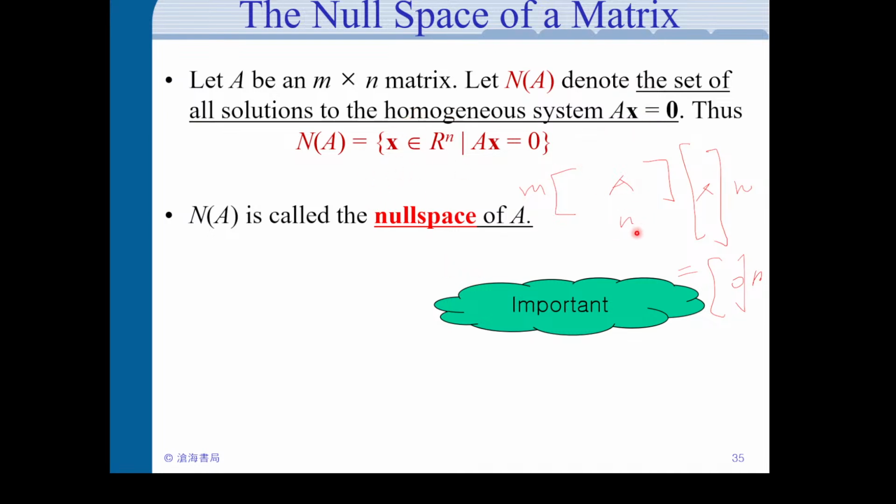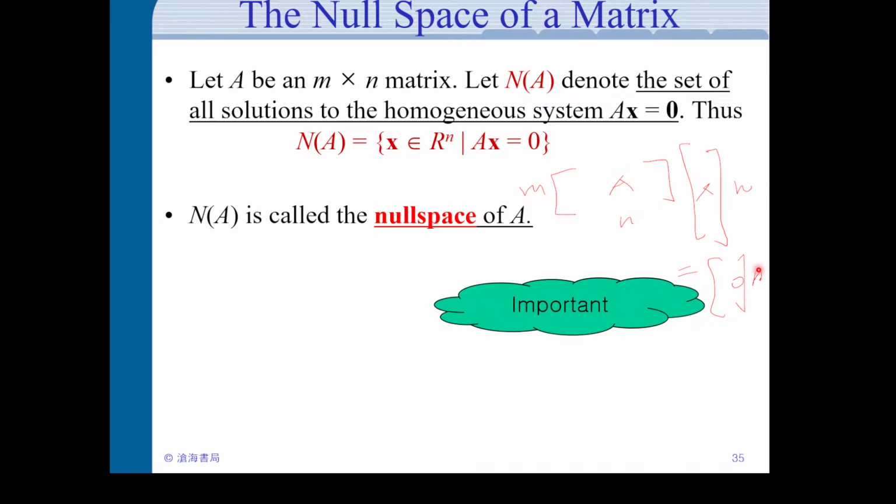So let's check the dimension a little bit here. A is an n by n matrix, so there are n rows here and n columns here. And x will be a column vector of length n. And so every x will be a vector inside Rn because they have length n.